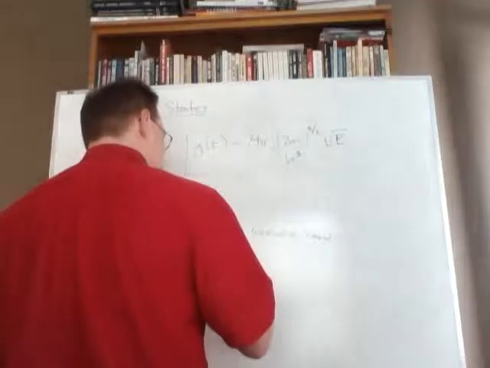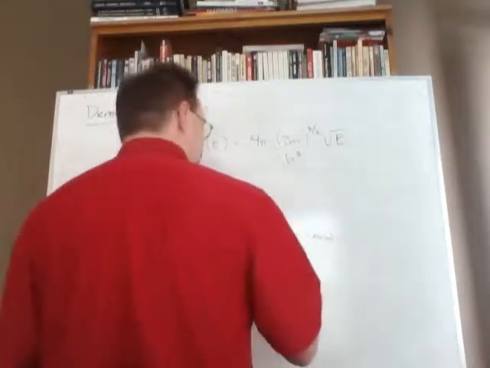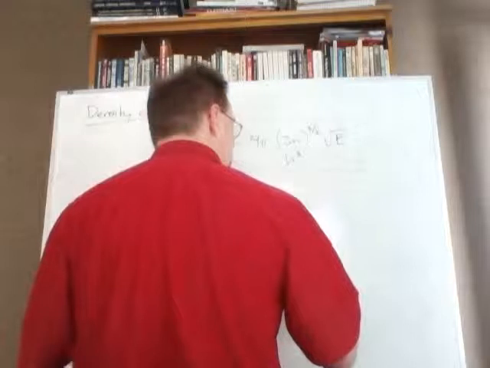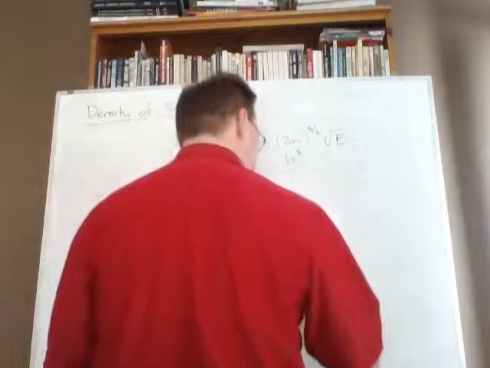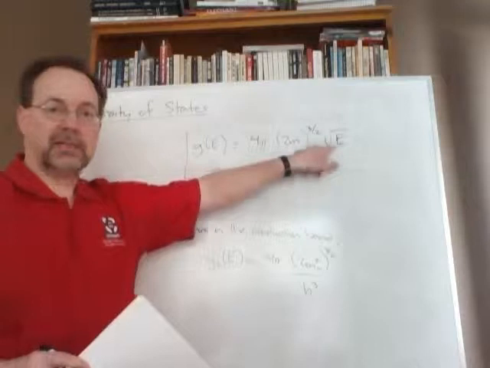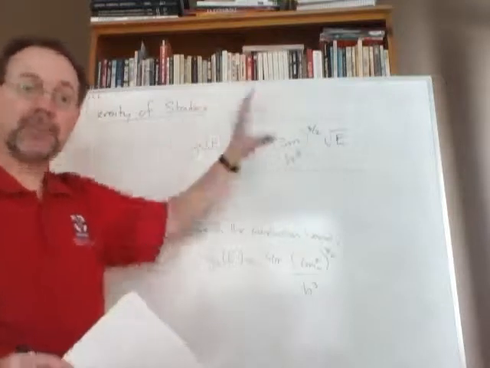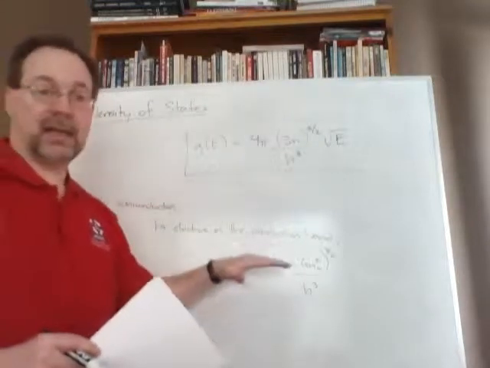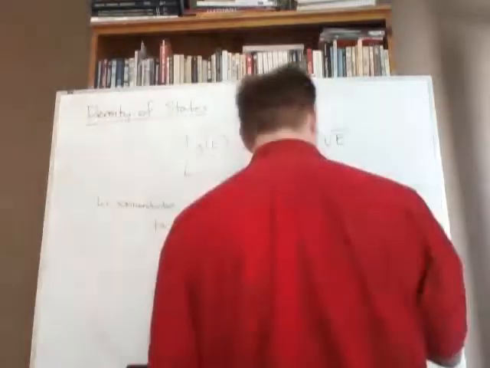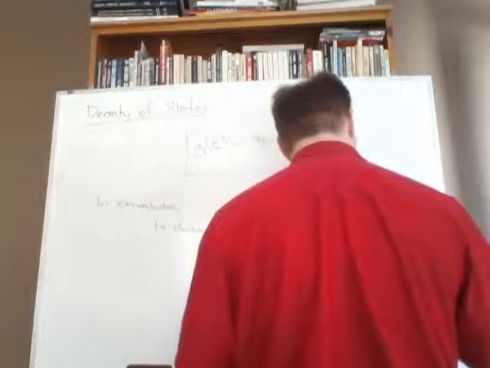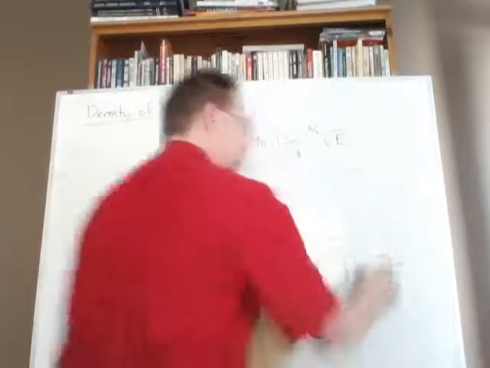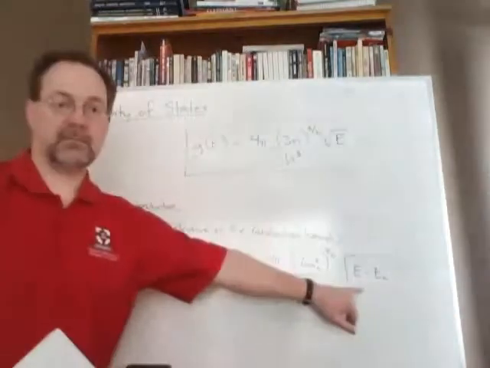It's a function of E: 4 pi, 2, and now we'll use the effective mass of electrons in the conduction band. You notice that this starts with E equals 0 and goes up from 0. Well, we're going to start at the conduction band edge, so this gets modified here as E minus E sub c. So this is the energy above the conduction band energy.